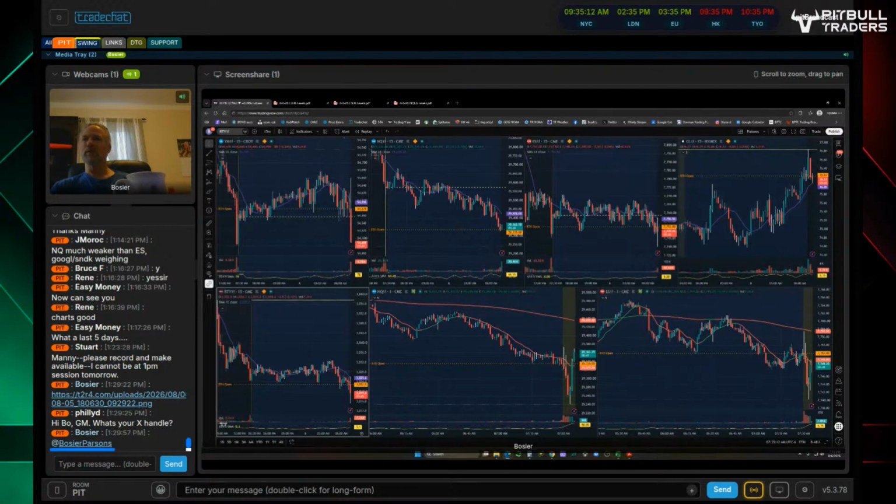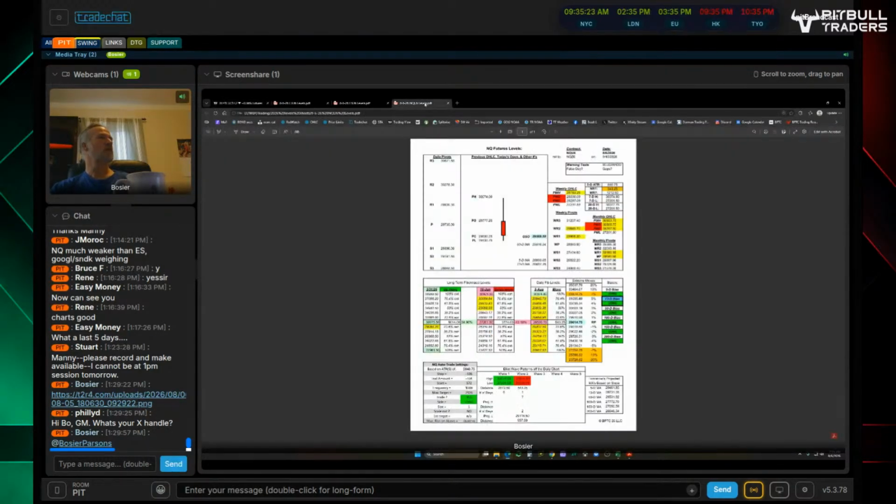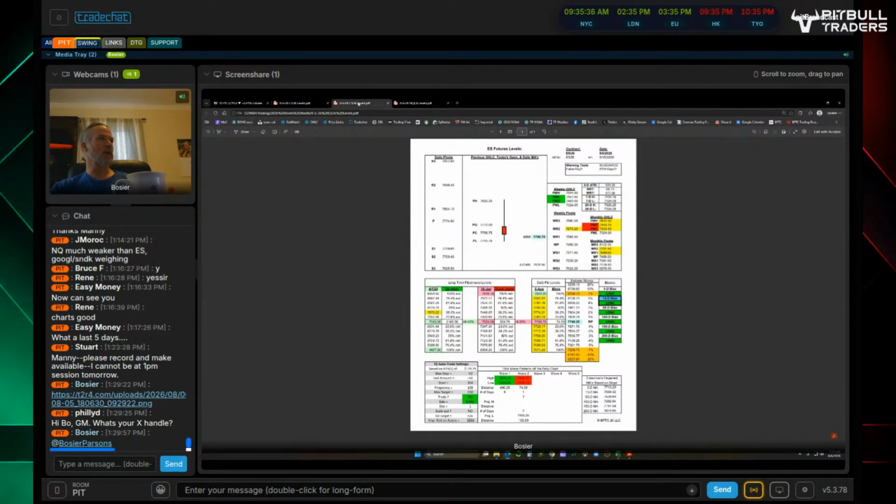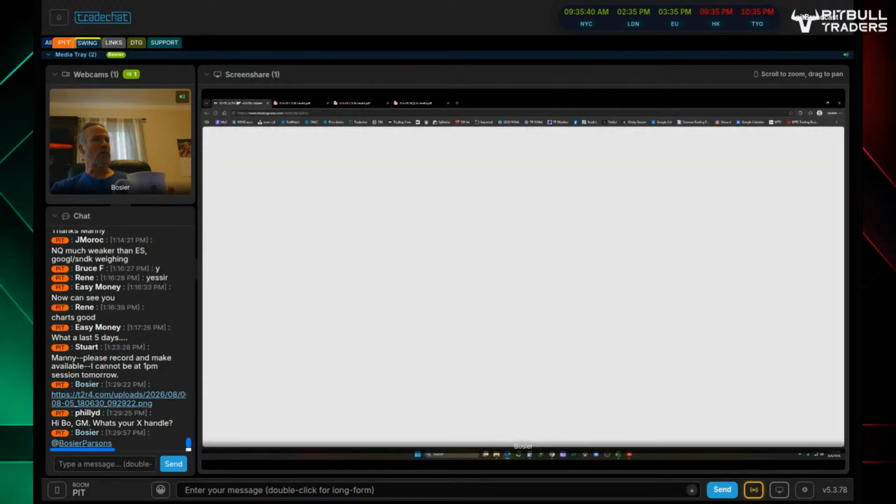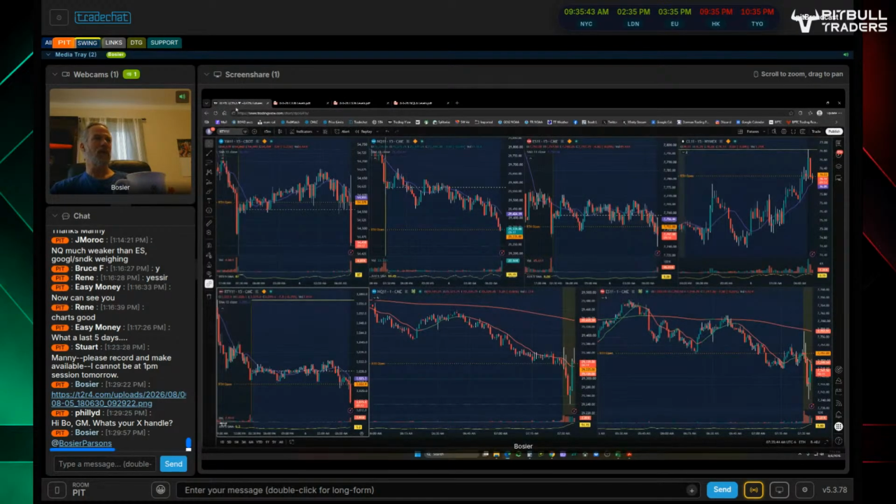So anyway, here we are. We've kind of recaptured our open here in the NQ. We tested 240. I'm going to look at my sheets here for levels. That was not quite down to S2, which, again, is a pretty awesome pullback for the kind of buying that we had off the low.